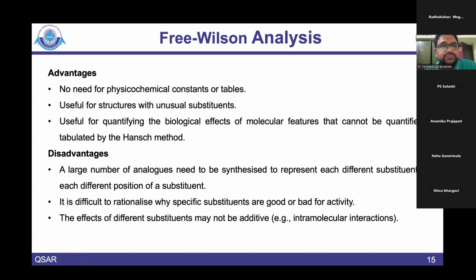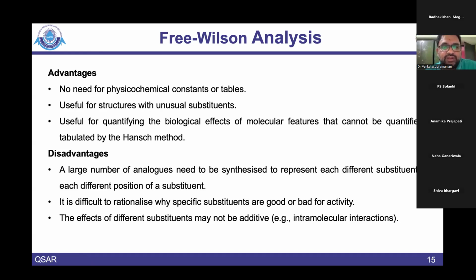Okay, so the Free-Wilson analysis advantage is that there is no need for physicochemical constants or tables, so it can be used with structures and unusual substituents. Okay, but the problem is that you need to have a lot of known compounds that have the same molecular descriptors and similar types of interactions. Similar types of molecules have to be there.